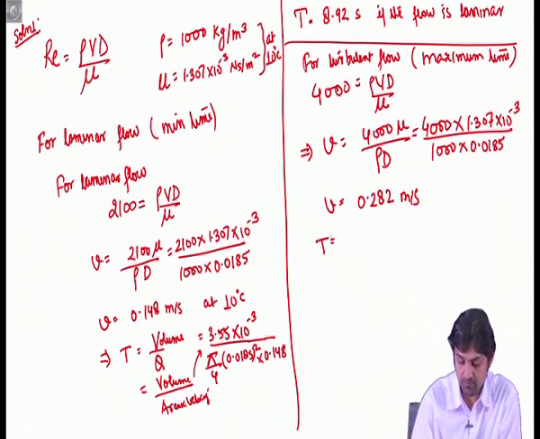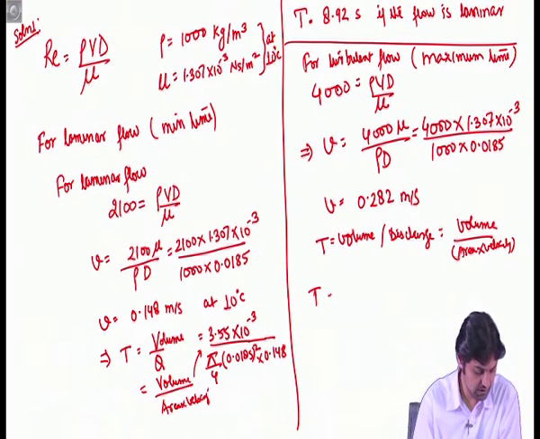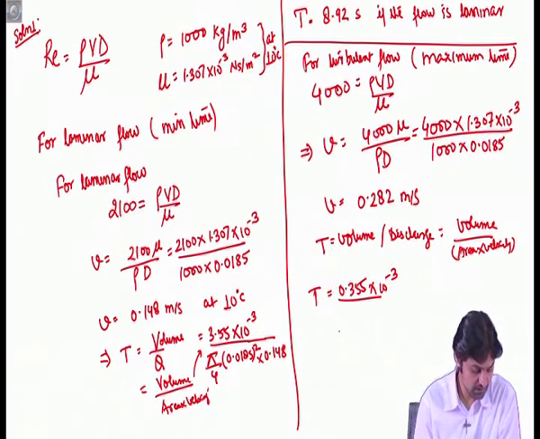So the time taken will again be volume divided by discharge, or volume by area into velocity. So this will come out to be 0.355 into 10 to the power minus 3 divided by pi by 4, 0.0185 square, and the velocity is 0.282.